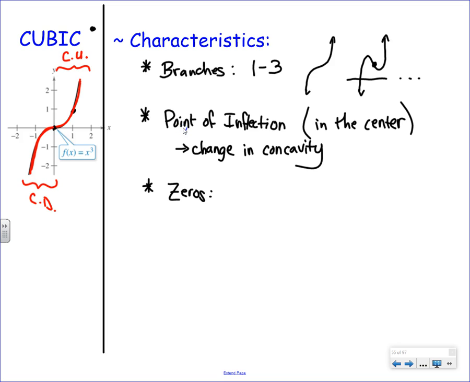It could have 2 if the axis was right there, or it could have 3. But can it hit in any more points than 3? So you could have 1 or 2 or 3, just depends.